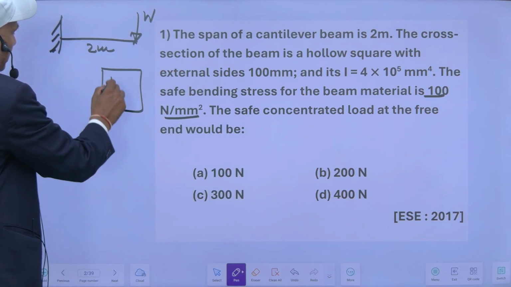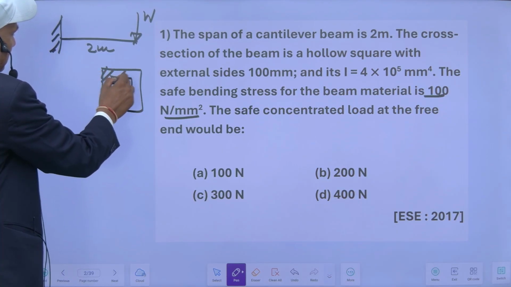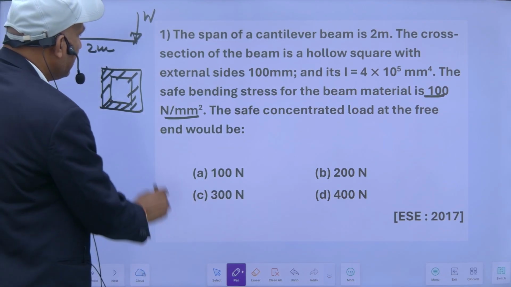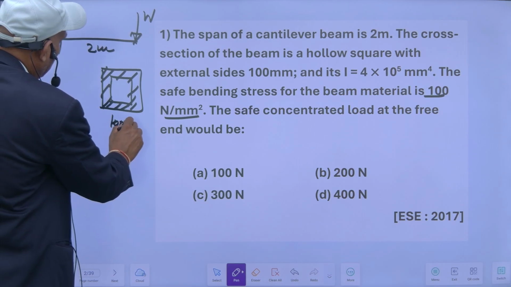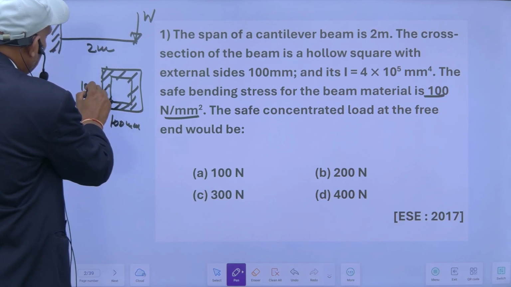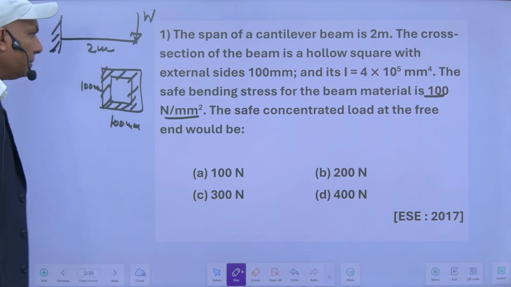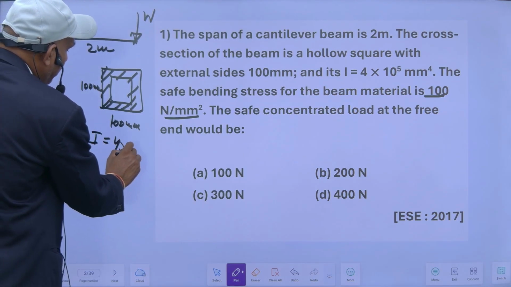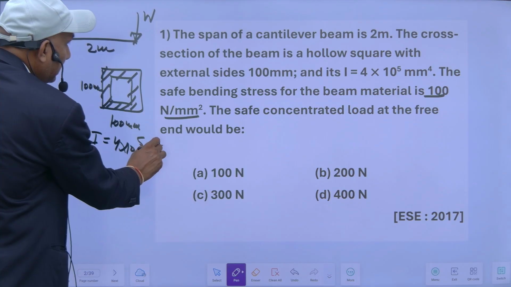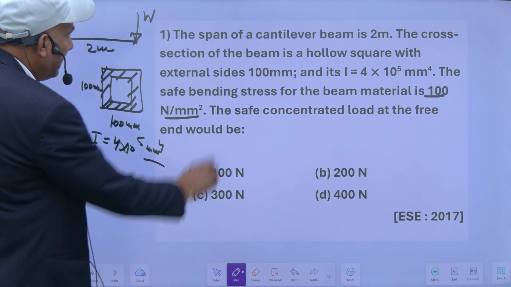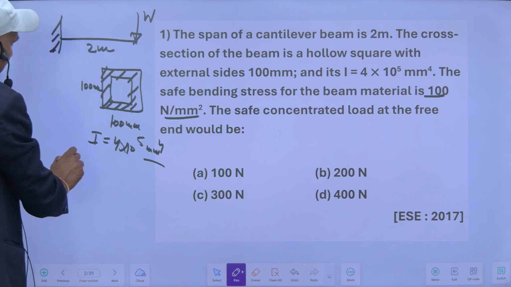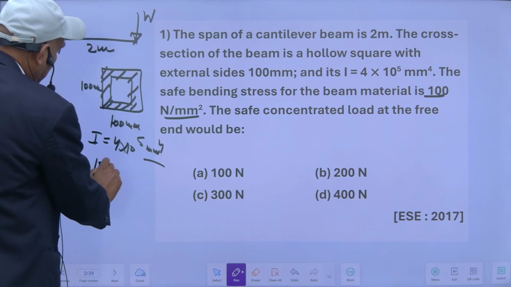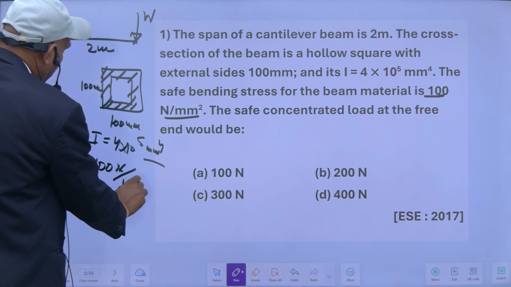This is a hollow cross section and its external side is 100 mm. Its moment of inertia is 4 into 10 raised to the power 5 mm raised to the power 4. The safe bending stress is F equal to 100 Newton per mm square.